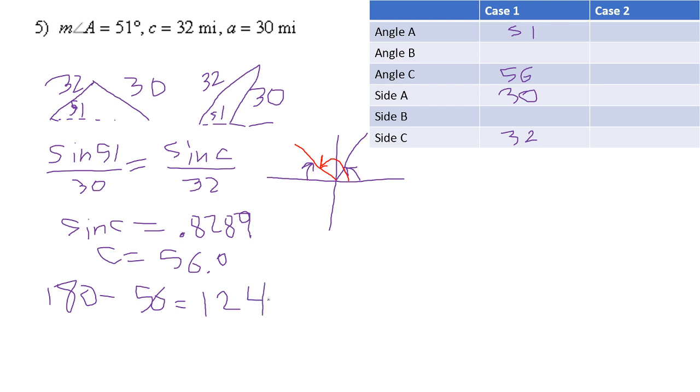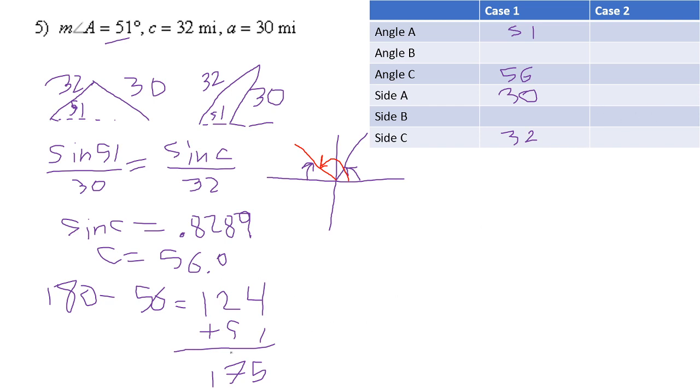Now we're thinking, okay, is it possible to have 124 in this triangle? The way we check that is we check 124 plus our angle A, 51, and when we do that we get 175, and that's less than 180. So it is possible to have both these triangles, so we do have a second case.